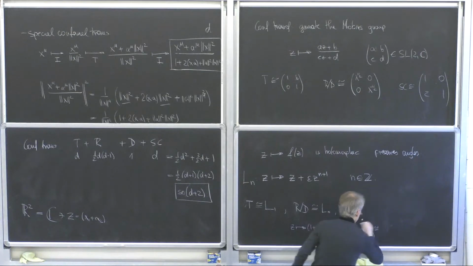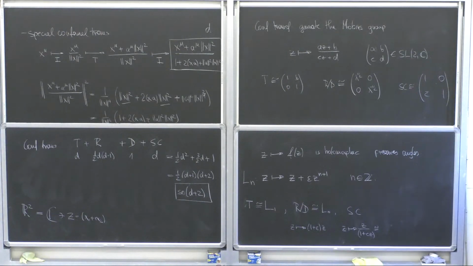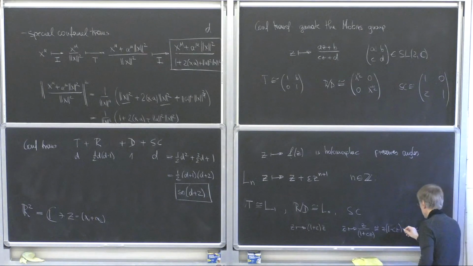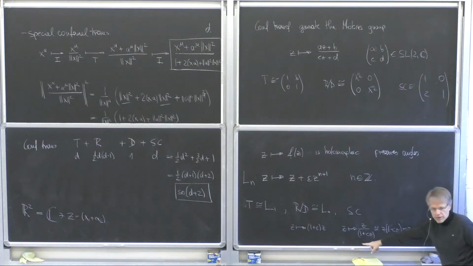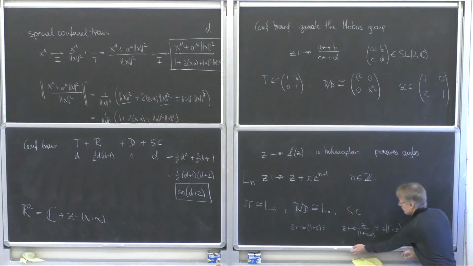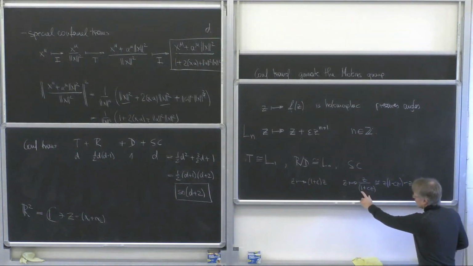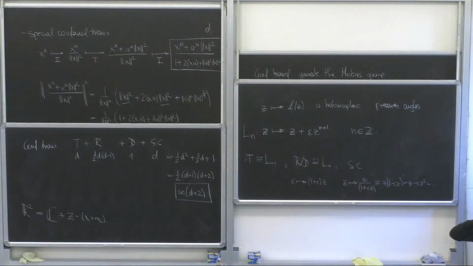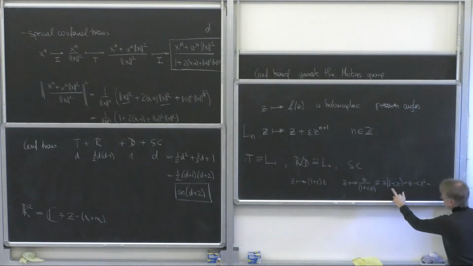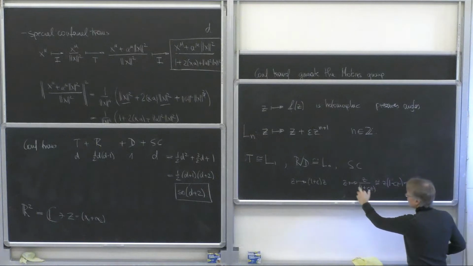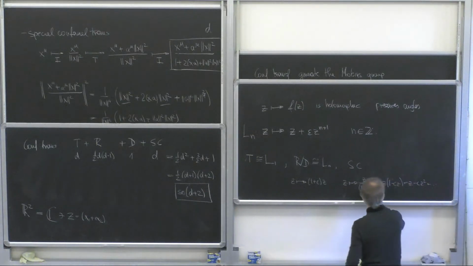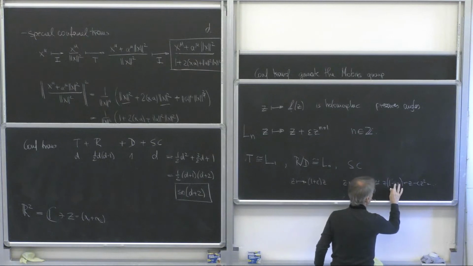If I expand this out, and c is infinitesimal, 1 over 1 plus cz is the same as 1 minus cz, it's just a geometric series. So z goes to z minus c times z squared. I ignore the higher order terms, and I think of c as being infinitesimal. Okay, let's write it as epsilon, so maybe then you are happier.